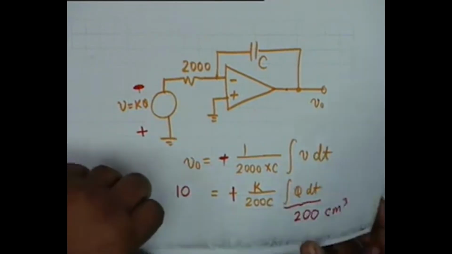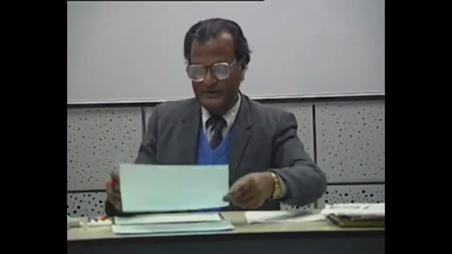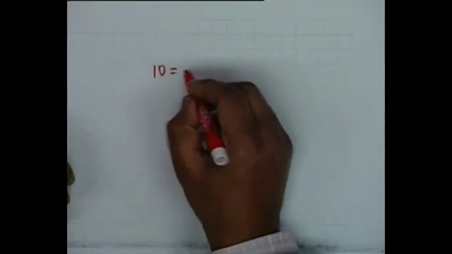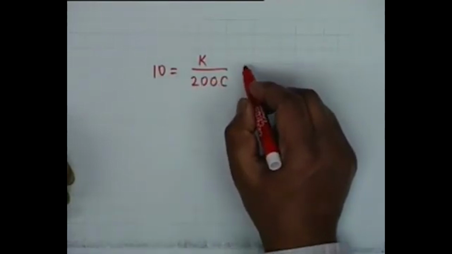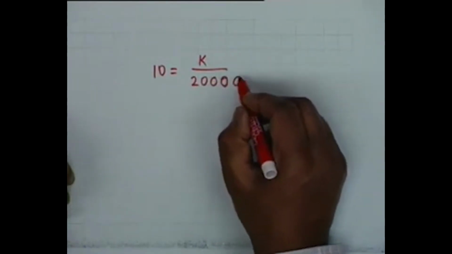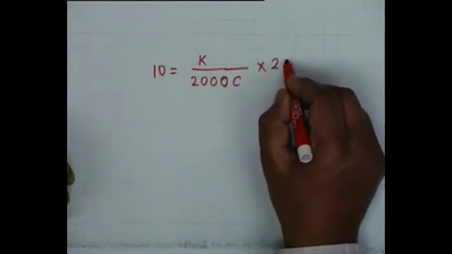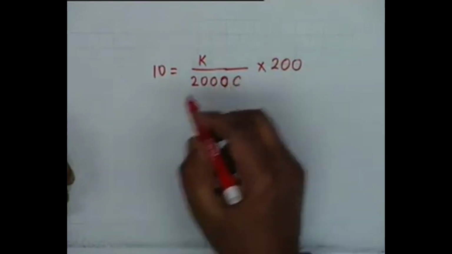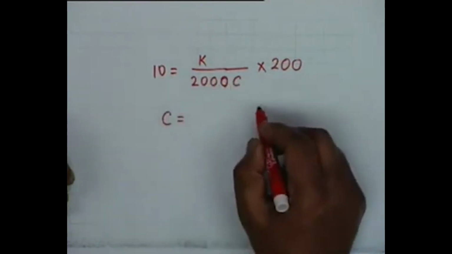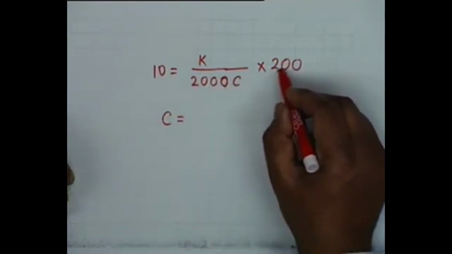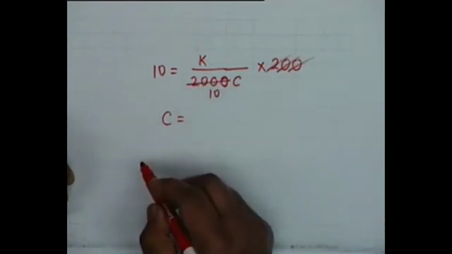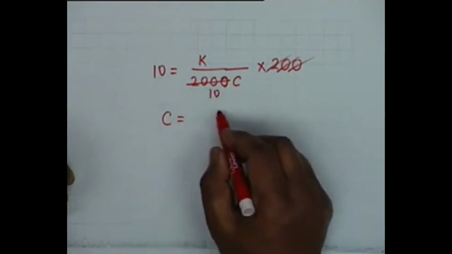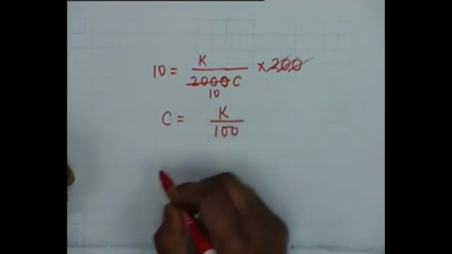If I clear this of the fractions, we get 10 as equal to K divided by 2000 C multiplied by 200. Therefore, taking this 200 out, we are left with 10, so C should be equal to K divided by 100.